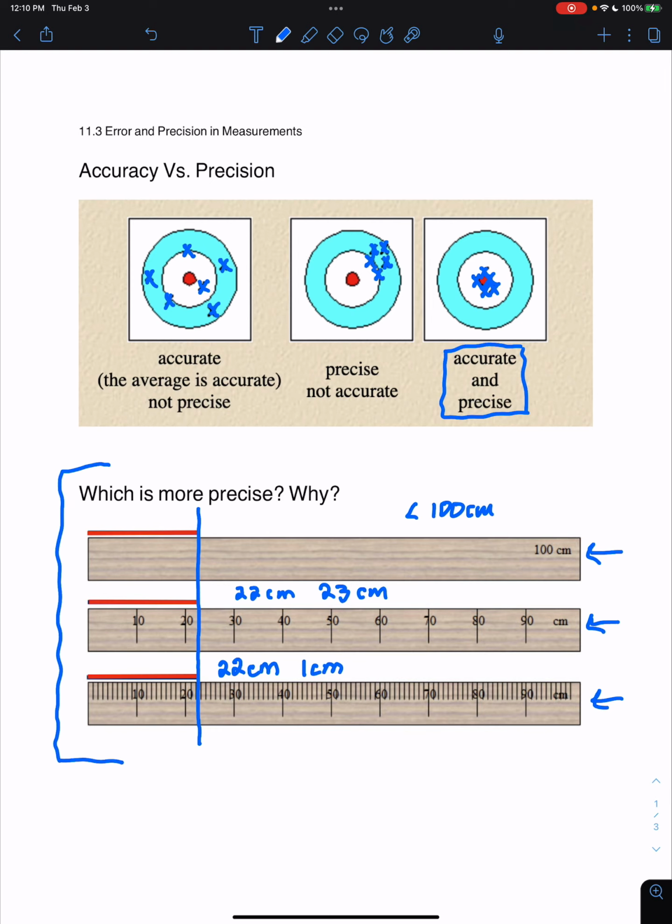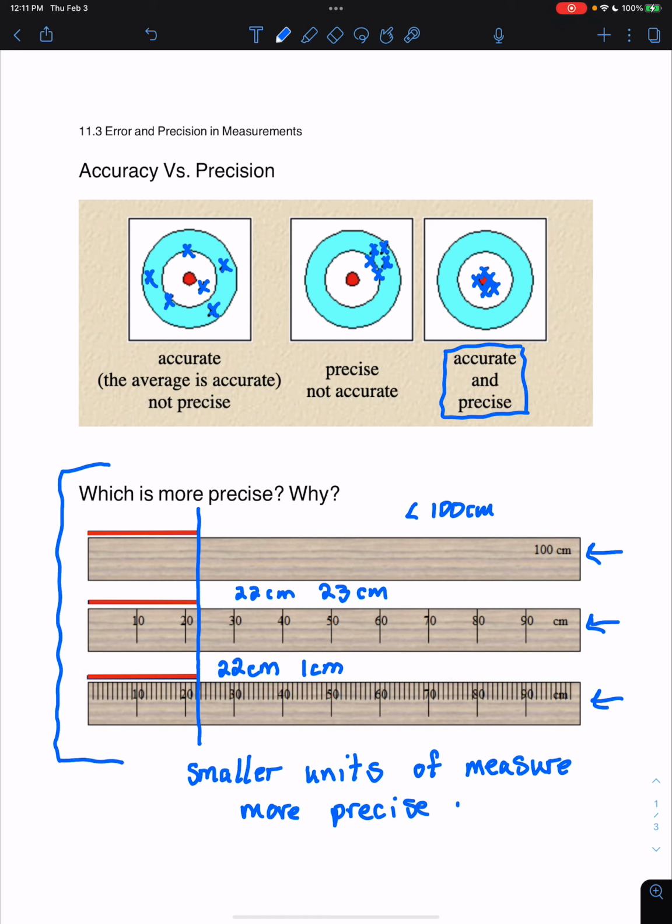So the more units and the smaller units of measure are going to give us a more precise measurement.